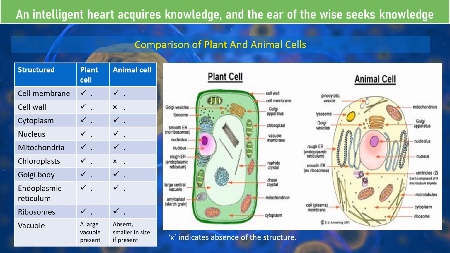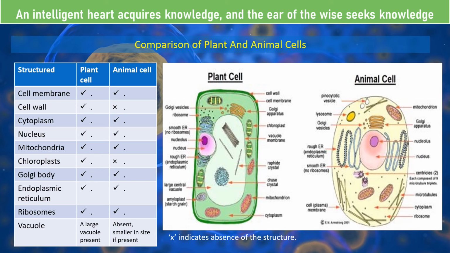Okay, fine. So here's a table that in plant cell and animal cell your cell membrane is present. Then in plant cell, cell wall is present, but in animal cell it is absent. That X mark indicates that it is absent. Then cytoplasm is present in both, nucleus is present in both, mitochondria is present in both. Then your chloroplast.